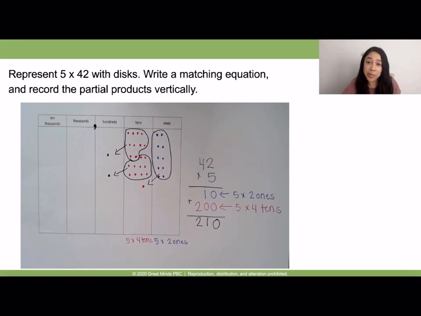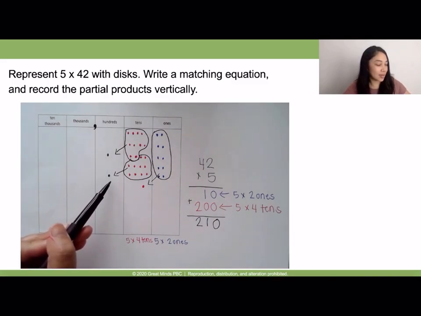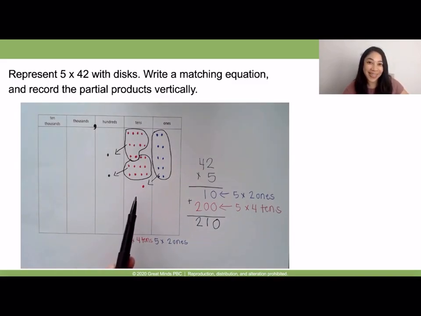What's the value represented in the chart? 2 hundreds, 1 ten. That equals 210, which is our product. Excellent work.